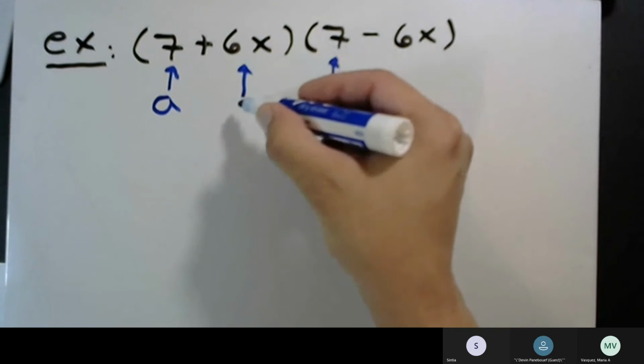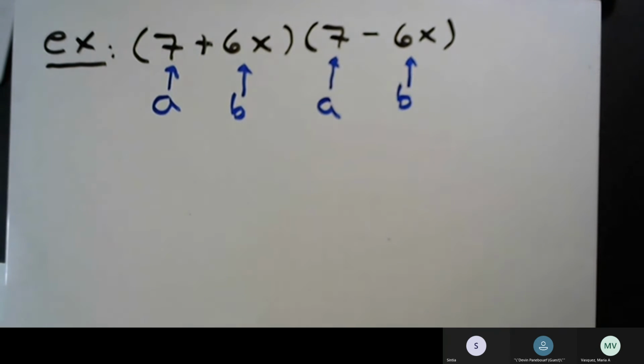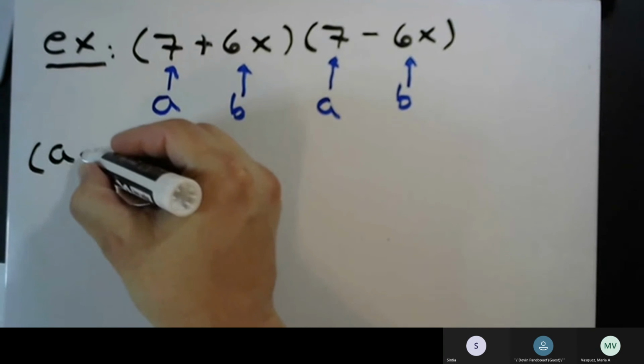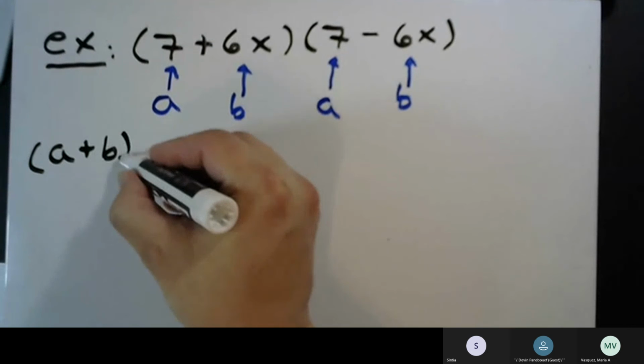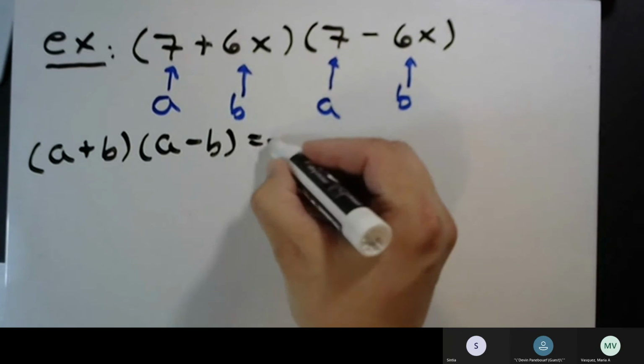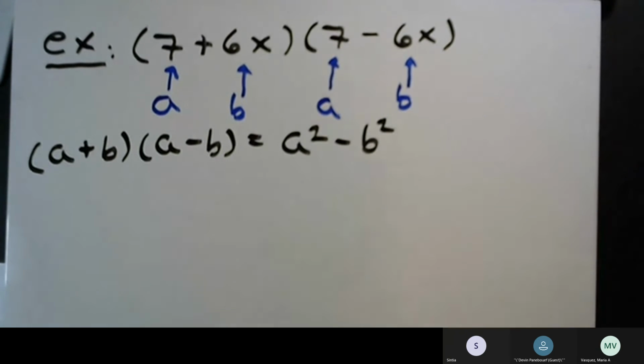And for this pattern, again, the 6x won't carry the minus sign. Usually when we work with these, the minus sign gets carried, but in this case, we don't bring it with us into the formula. And again, this version of it is still going to be a squared minus b squared.